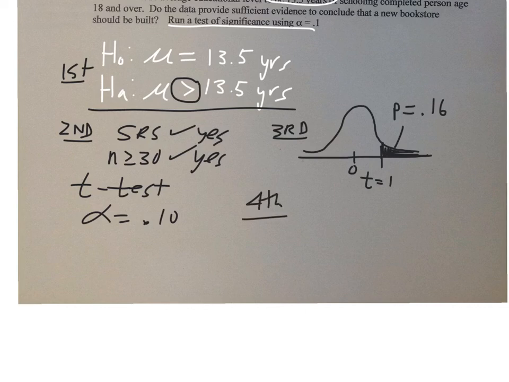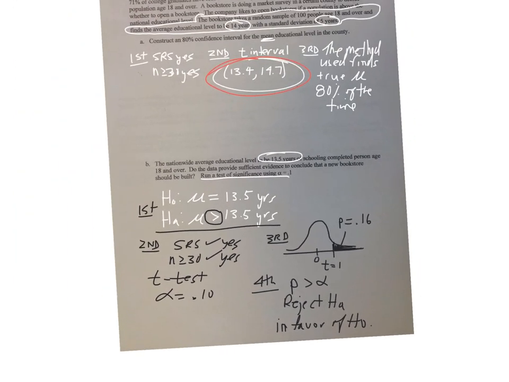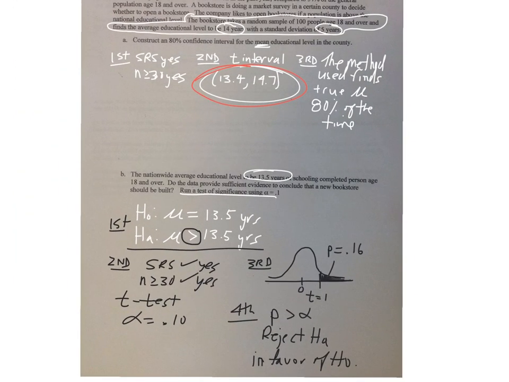The fourth step, the p-value is high. You're going to fail to reject the Ho.